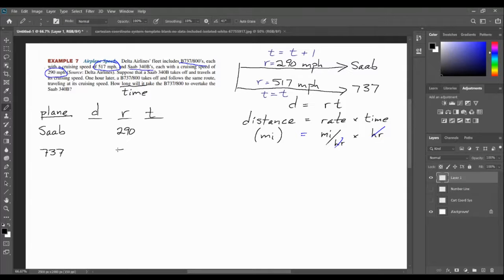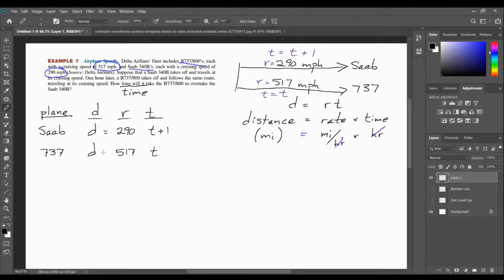Rate of the 737 is 517. The time traveled for the 737 was t. The time traveled for the Saab was t plus 1. Now we need to figure out this distance, and I don't know how far they've traveled, but for the 737 to catch the Saab, they would have both had to travel the exact same distance. So I can just call that d.